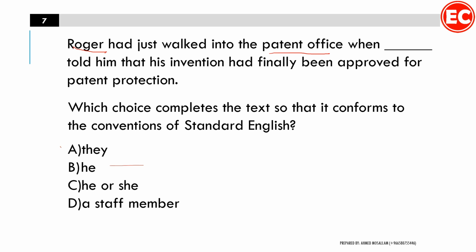Everyone in the office? And who is he? It's going to be he or she. Which ones? And a staff member. Now it's clear: a staff member from the office. So, as we said, we needed to be clear. Roger had just walked into the patent office when a staff member told him. A staff member from this office, okay?